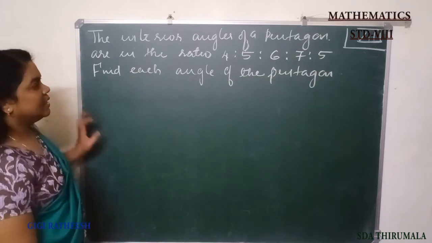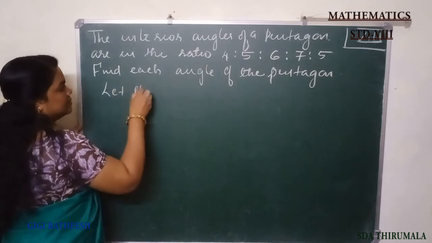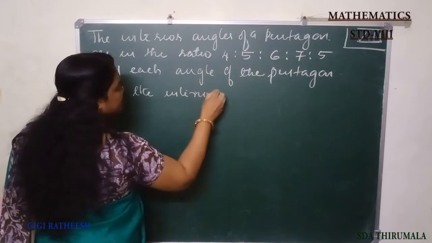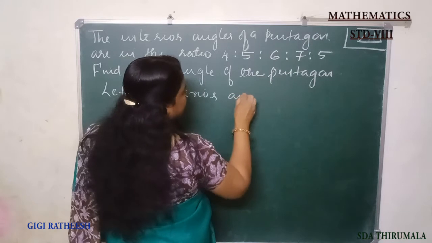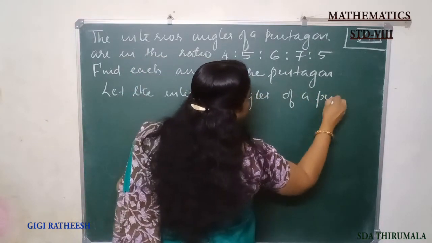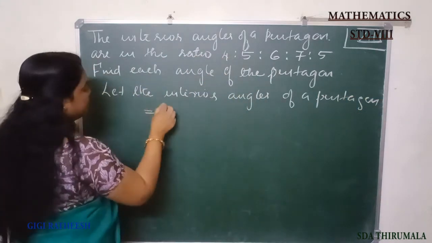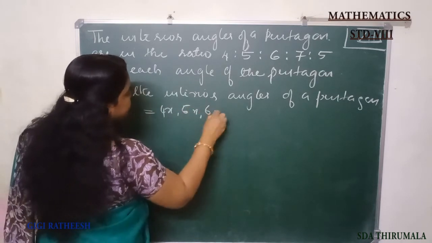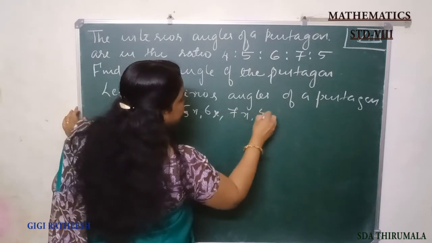We know that, let the interior angles of the pentagon be 4x, 5x, 6x, 7x, and again 5x.